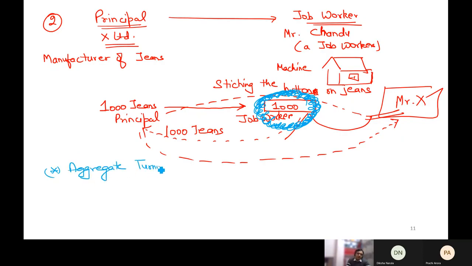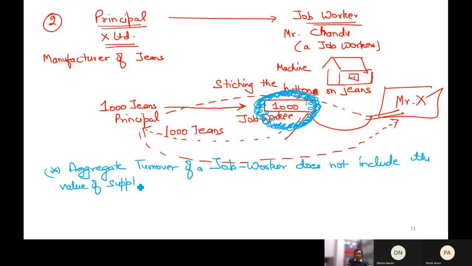Aggregate turnover of a job worker does not include the value of supply of goods supplied by the principal for job work. It will not include this.